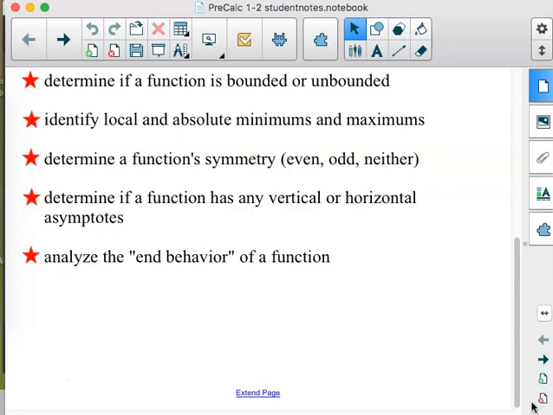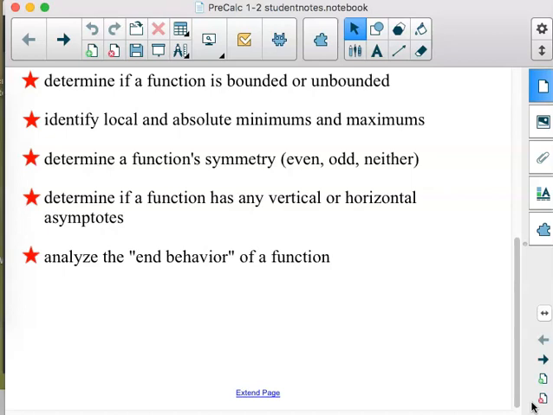You studied those when you were in geometry. But at the pre-calc level, when we talk about functions, all we want to know is is it even? So is it symmetric with the y-axis? Is it odd? Does it have rotational symmetry 180 degrees about the origin? Or is it not one of those? And that's the neither piece.